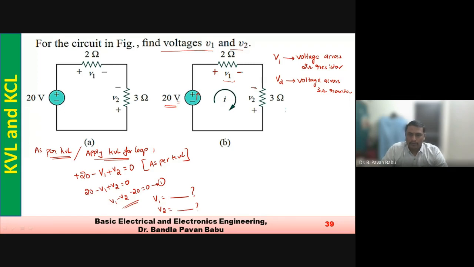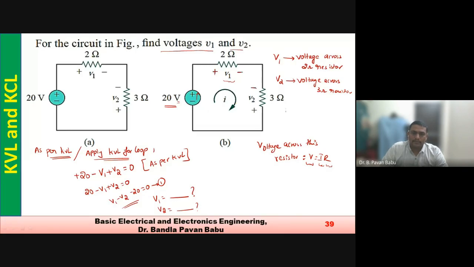So we know that the voltage across this resistor, or any resistor, is V equal to I into R. This is the applied voltage, and this is the current flowing through the resistor into the resistor value. Since the current I have mentioned here is I.